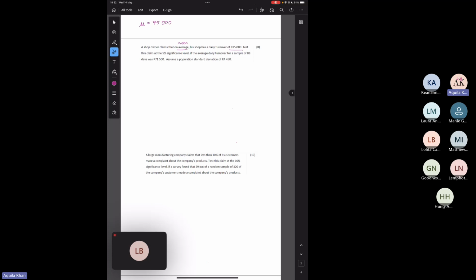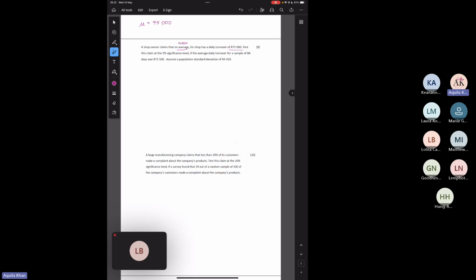It's 75,000 exactly. So, again, here you need to look out for these key words because these are the things that help you to identify the type of test that you are working with. So, in this question, they did not use those additional words, which means that it is a two-tailed test, because here we are looking at exactly one value.